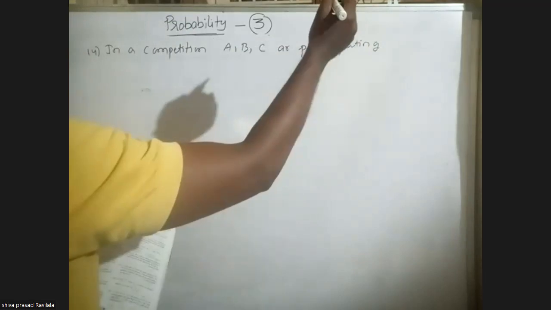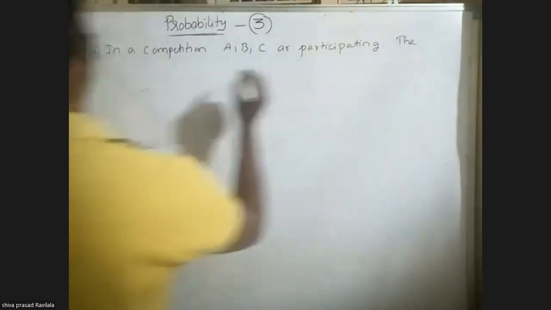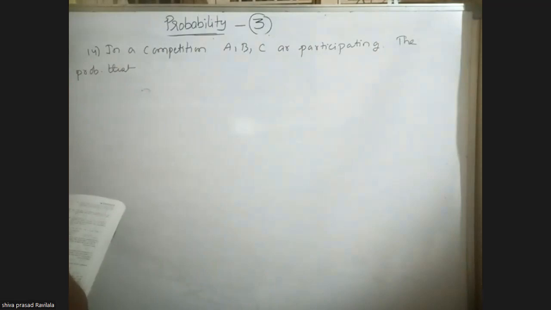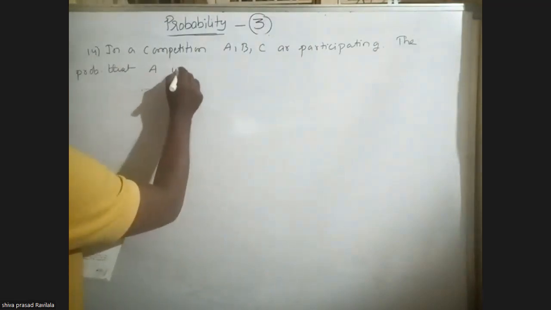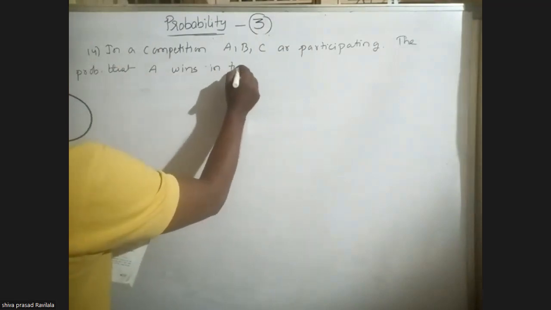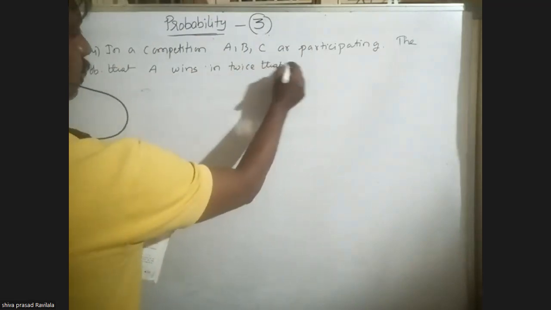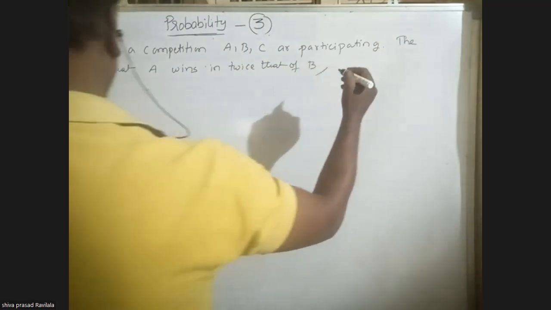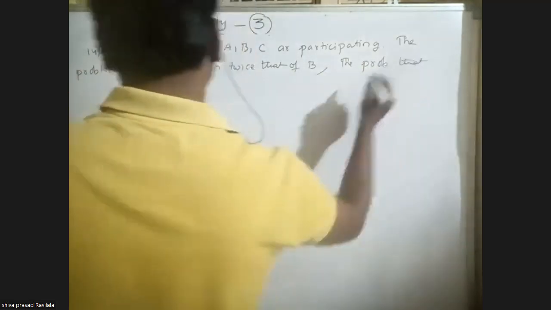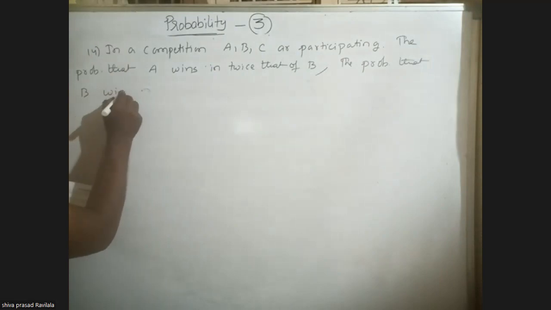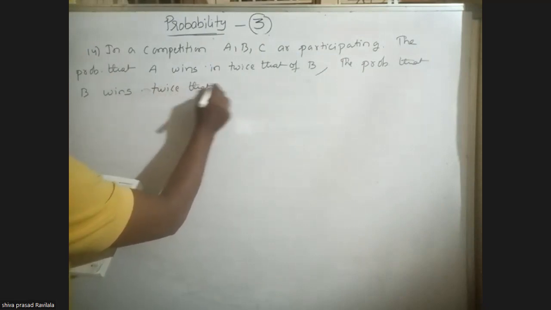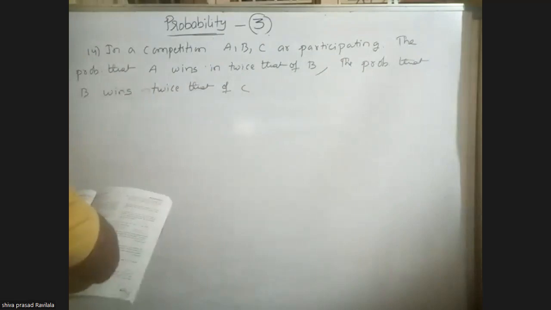Given one condition: the probability that A wins is twice that of B, and the probability that B wins is twice that of C. Then the probability that A loses.